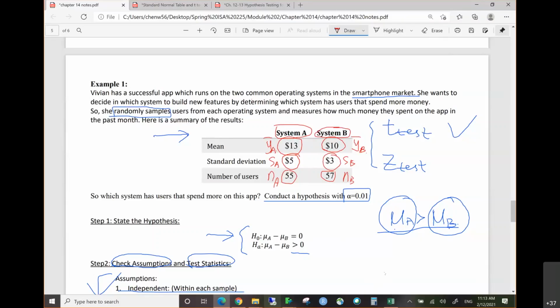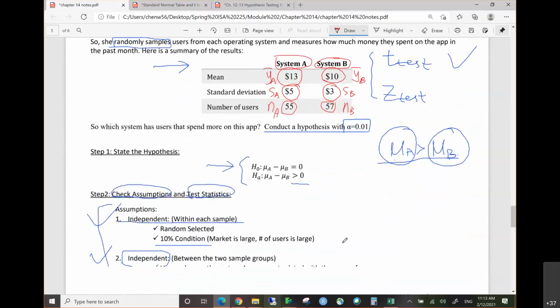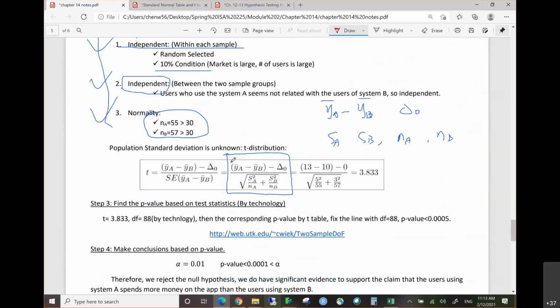Then what you can do is just plug the values into the formula, right? So we have Y bar A as 13, Y bar B as 10, and then SA is 5, NA is 55, SB is 3, NB is 57, right? The only thing you need to figure out is this delta 0. What is this delta 0?